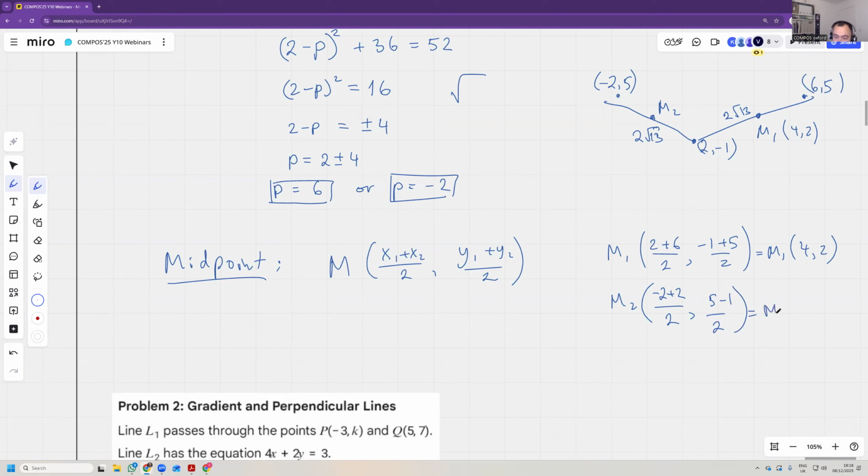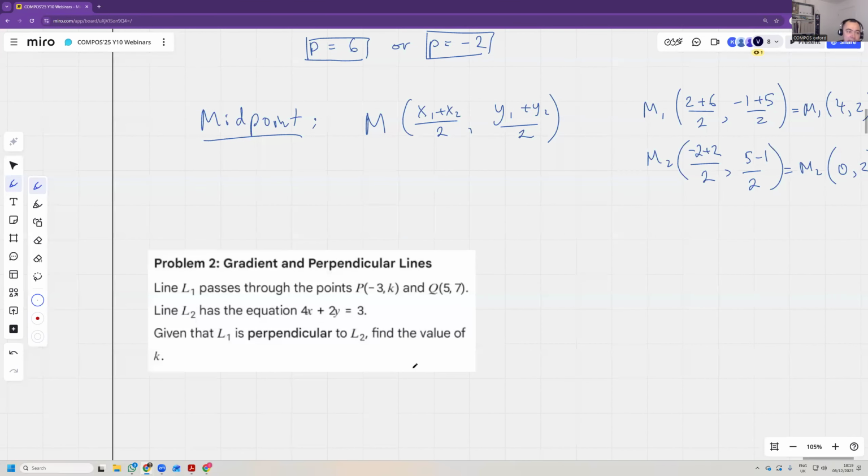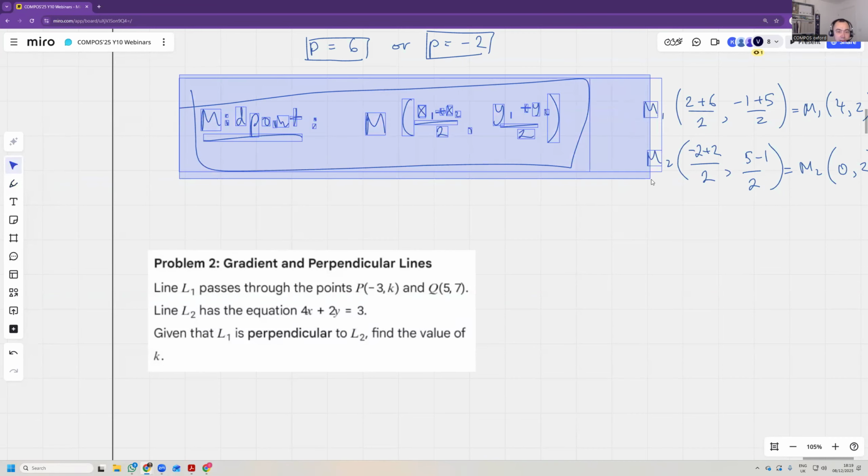So M2 has coordinates (0, 2). Lovely. So now we know the coordinates of the midpoint, (0, 2). Brilliant. Yes, this is the formula for the midpoint. Let's copy that in.